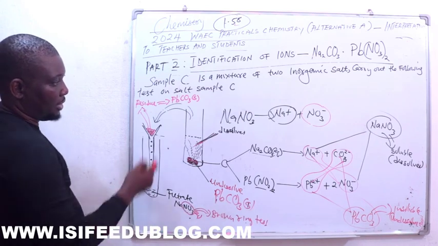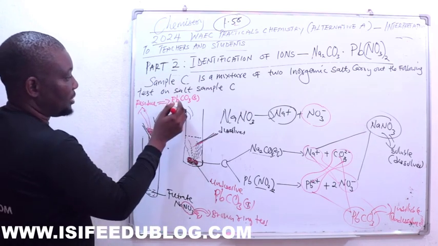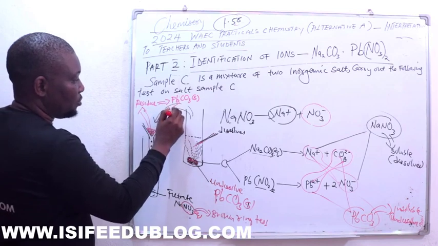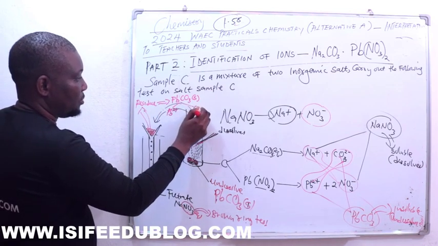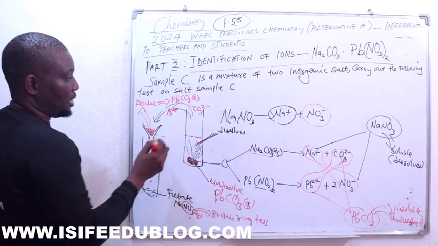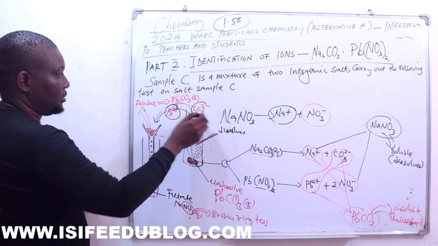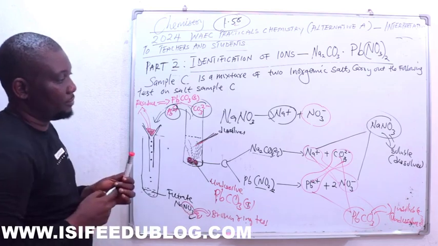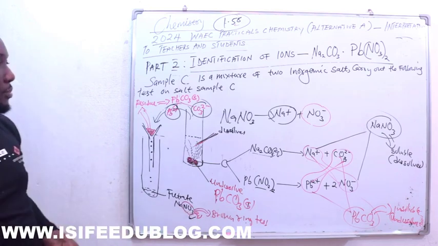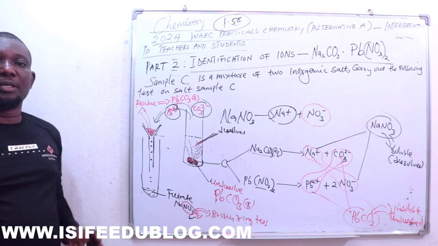So it does look like for the residue, we are testing both Pb2+ ion and CO3 2-. So these are the things we are going to test as far as this is concerned. This, and then this in this direction. Okay, so that is on it.